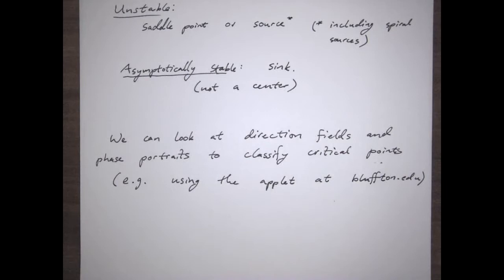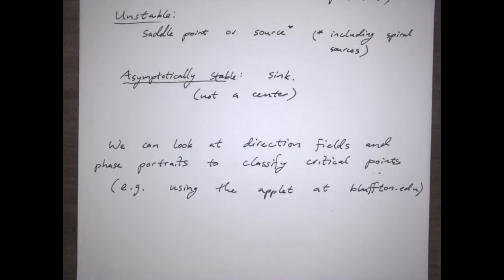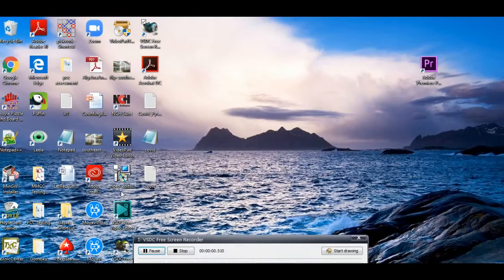Either way, your TI-89 style calculators can also do the direction fields. All right, so let's now actually take a look at the differential equation system that we were just finding the critical values of on that Bluffton website in order to classify these points.